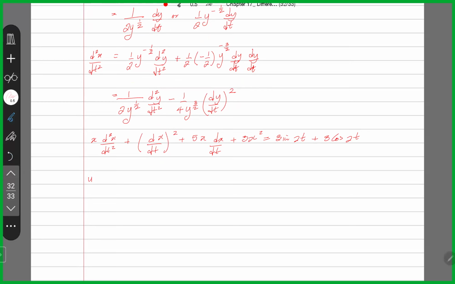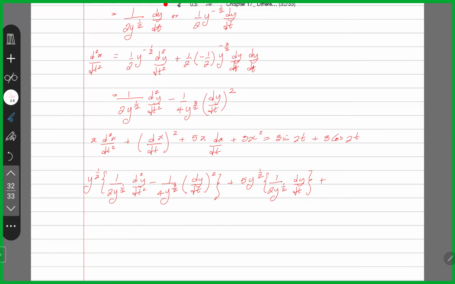So x, which is y to the half power, d2x by dt squared, which is 1 over 2y to the half, d2y by dt squared, minus 1 over 4y to the 3 over 2, dy by dt squared, plus 5x, which is y to the half, dx by dt, and dx by dt is 1 over 2y to the half, dy by dt, plus 3x squared.